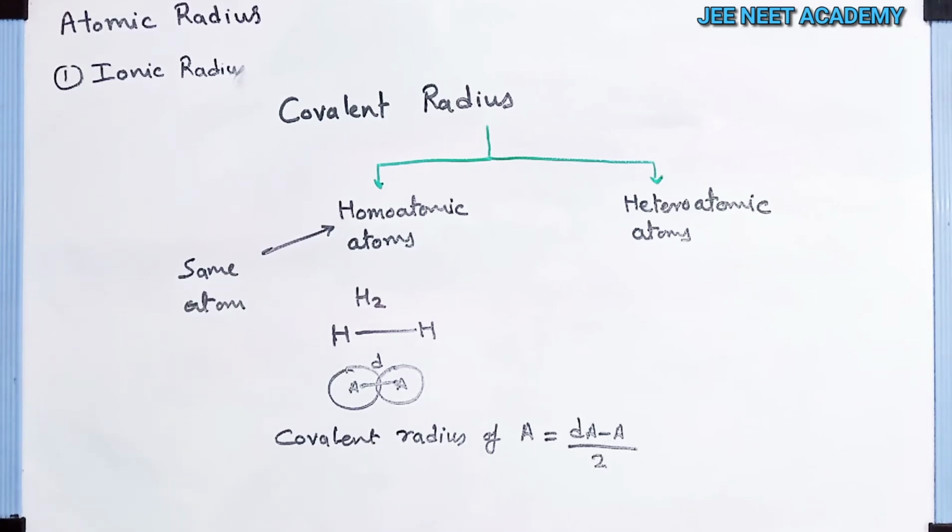So that will be the radius of one atom, or you can also write bond length divided by 2. That will be the homoatomic covalent radius.